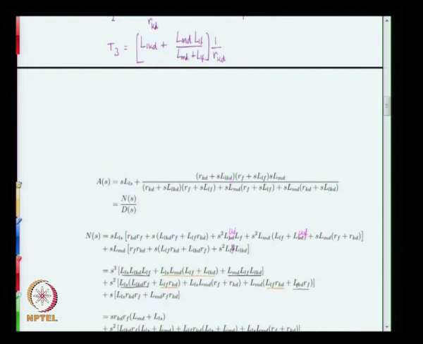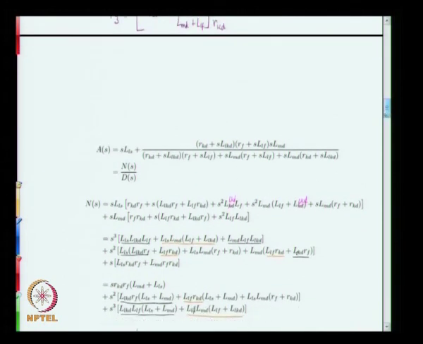So that is what comes here. Now this expansion can further be grouped. We will group all the s exponential terms together. So s cube, s square and s terms.